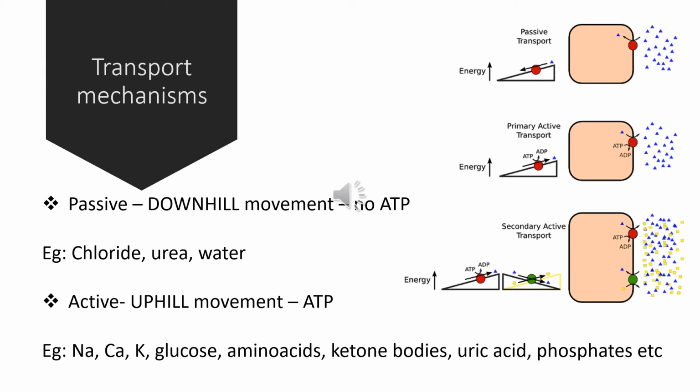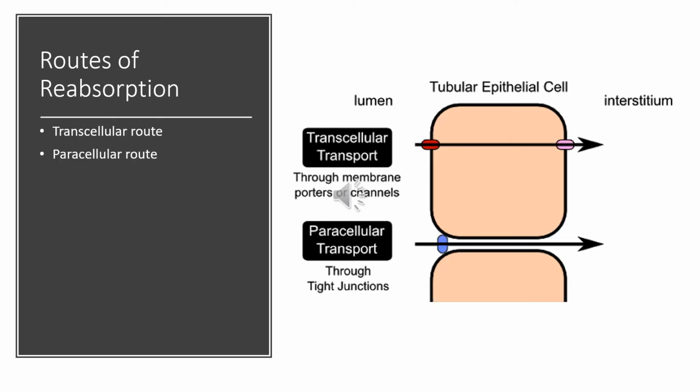So we can see that chloride, urea, water, etc. are the substances that are reabsorbed passively, and sodium ion, calcium ion, potassium ion, glucose, amino acids, ketone bodies, uric acid, phosphates, sulfates, these all are transported actively. Routes of reabsorption.